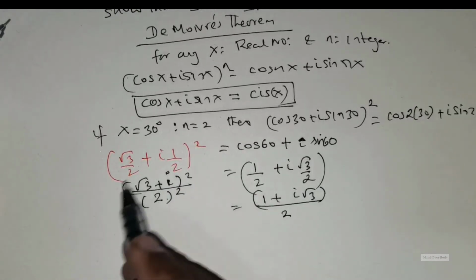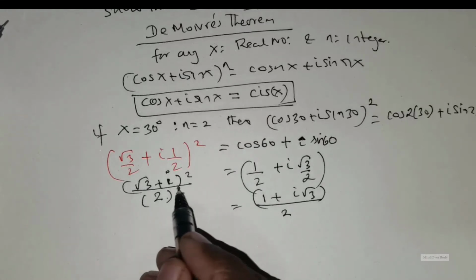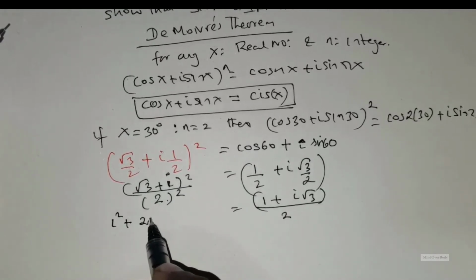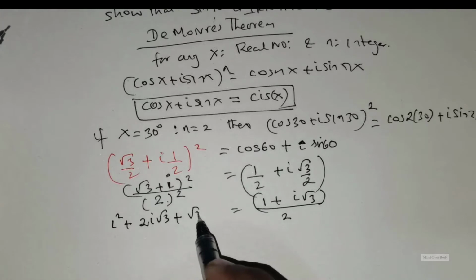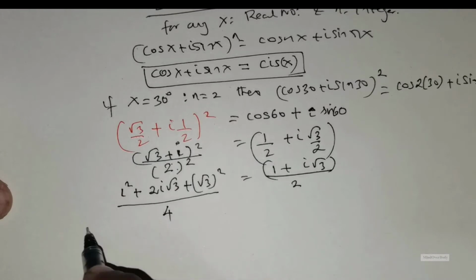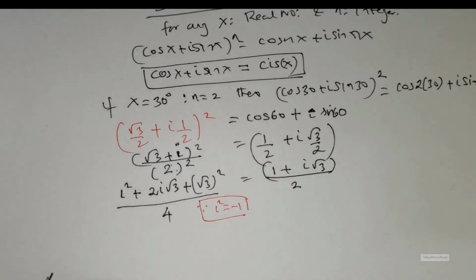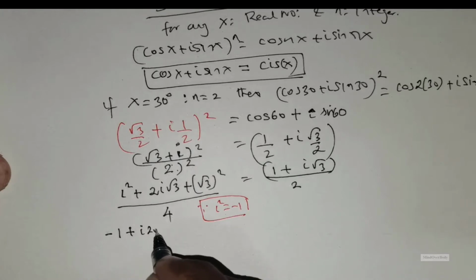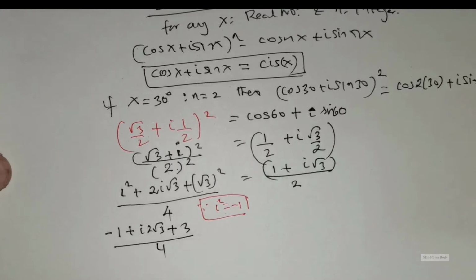Now if I were to expand this, I would get i squared + 2 times i times root 3 + root 3 squared, divided by 4, and we know that i squared is negative 1, so this means I would have negative 1 + i times 2 root 3 + root 3 squared, which is going to be 3, divided by 4.